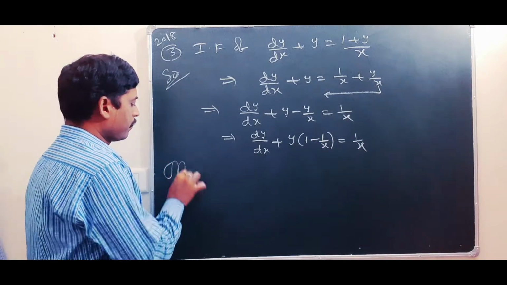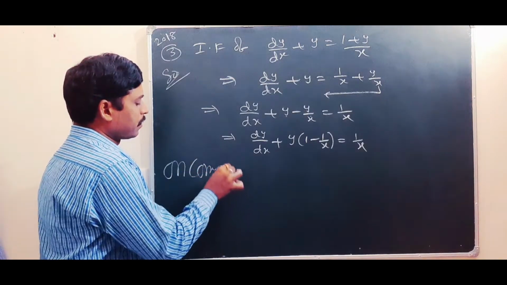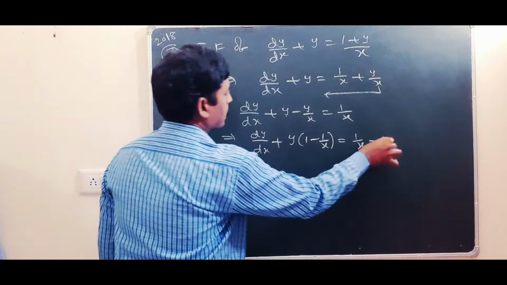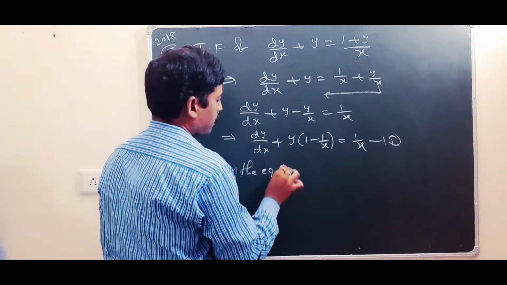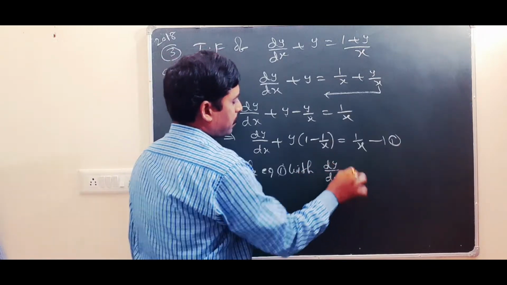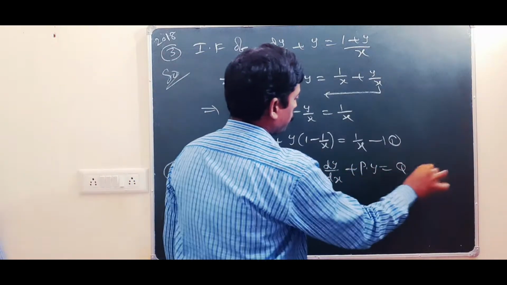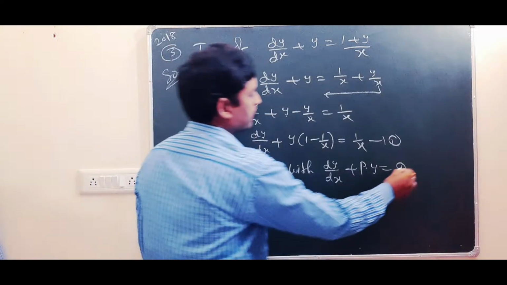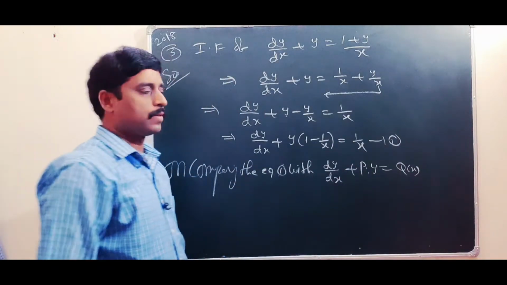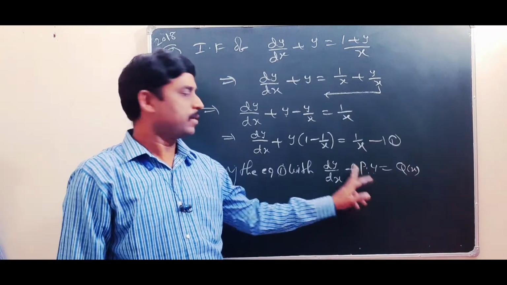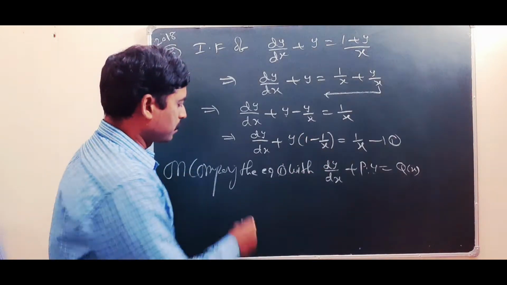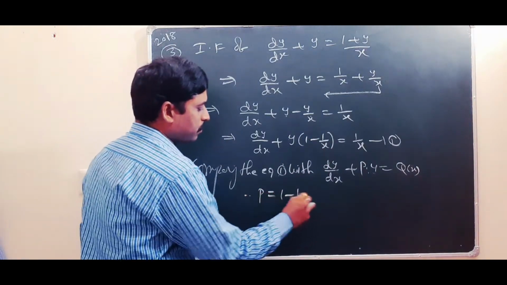On comparing this equation 1 with dy/dx plus Py is equal to Q, where the y coefficient is P, in equation 1 the y coefficient is 1 minus 1/x. Therefore, P is equal to 1 minus 1/x.